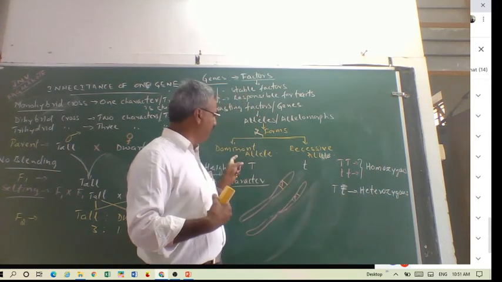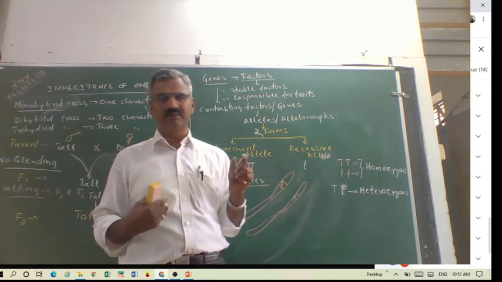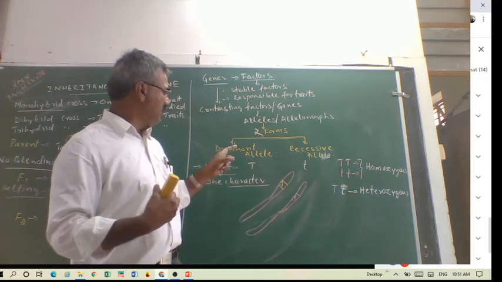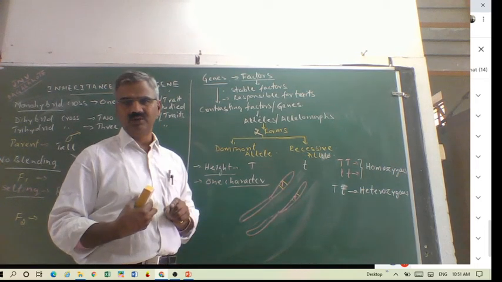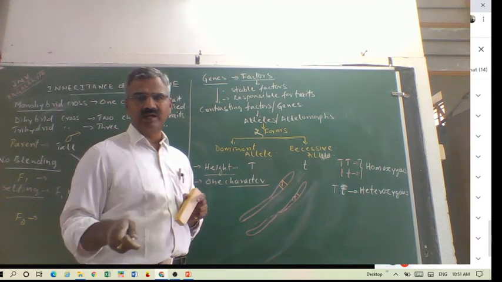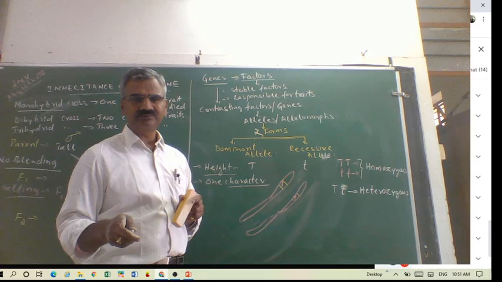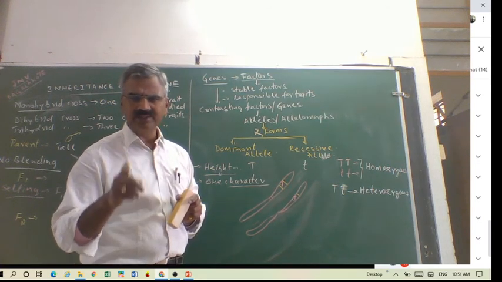Suppose both the alleles are dominant, capital T. What can it be called? Homozygous. And what is the nature of the allele? The allele is dominant.